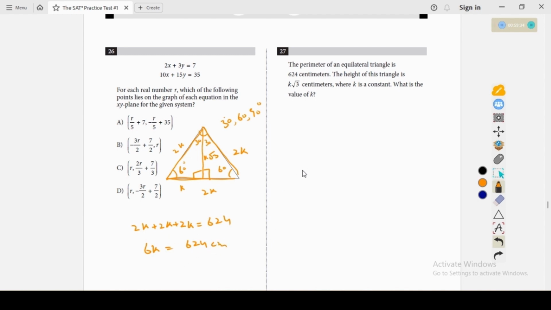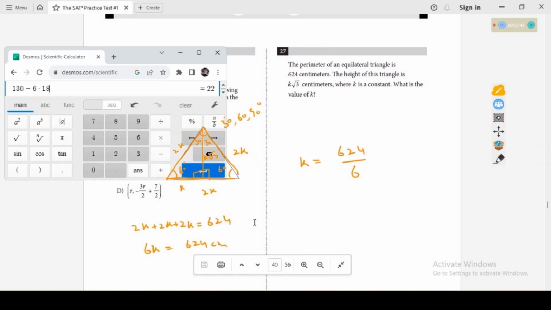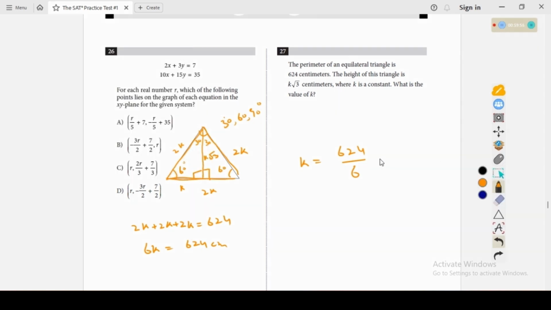To find the value of k, I can just divide by 6 on both sides. 624 divided by 6. The answer is 104. So 104 is the value of k.